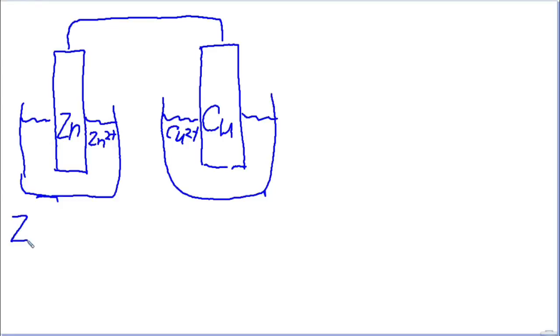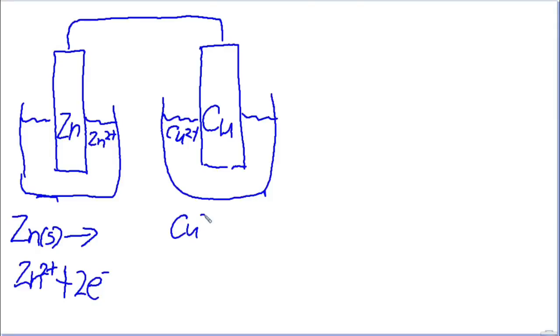At the zinc side of the electrode, zinc 2 plus ions are jumping off of the zinc metal bar, and at the same time are giving off electrons, which are being transferred by the wire. At the copper electrode, copper 2 plus ions are receiving the 2 electrons and becoming solid copper.